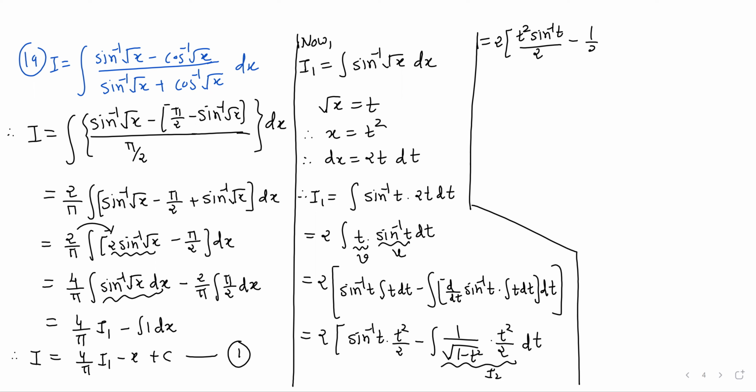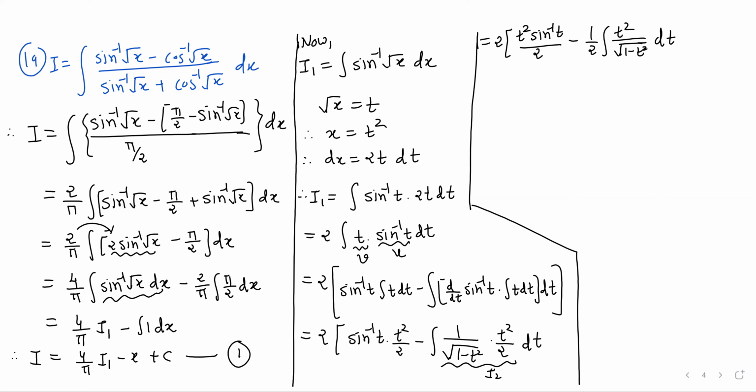So we can write it here, t square upon under root 1 minus t square dt.